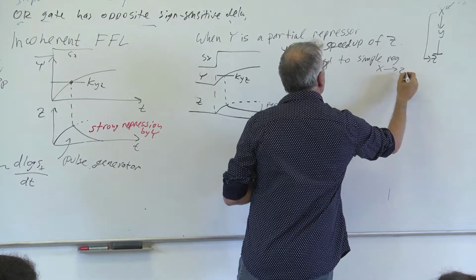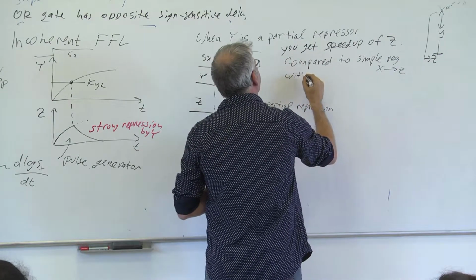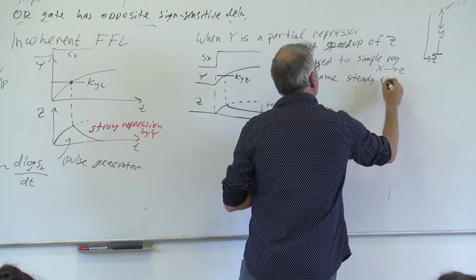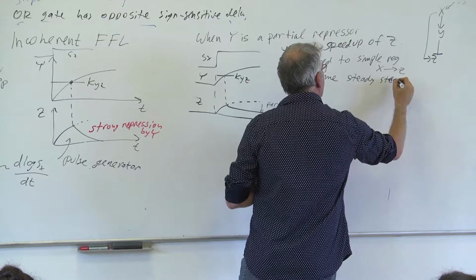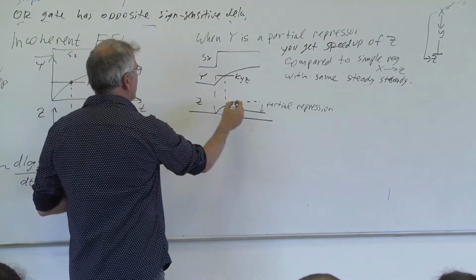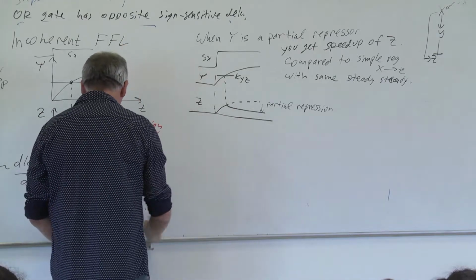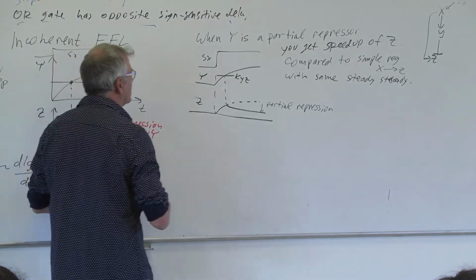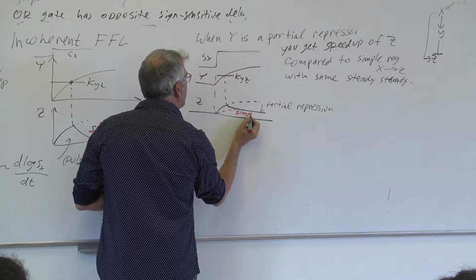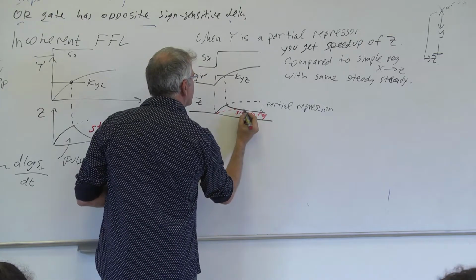X to Z, with the same steady state. So I'm making a mathematically controlled comparison. I want to compare two circuits, an incoherent feed-forward loop and a simple regulation. So simple regulation with the same steady state looks like this. It reaches the same steady state.